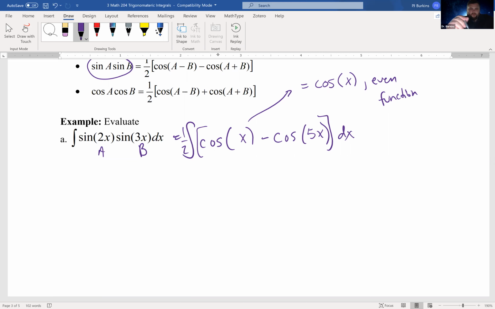And those are two pretty quick integrals. Integral cosine is sine, and integral of cosine of 5x is going to bring a 1/5 in front. So you get that.